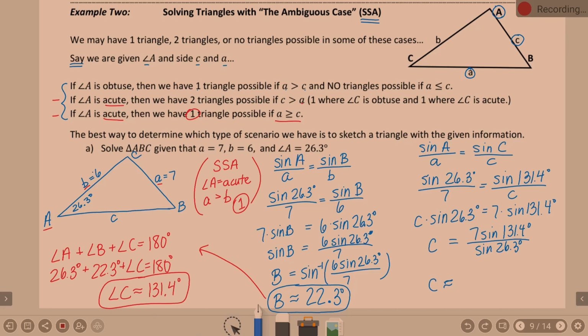Put it in the calculator and go. What are we getting? 11.9.